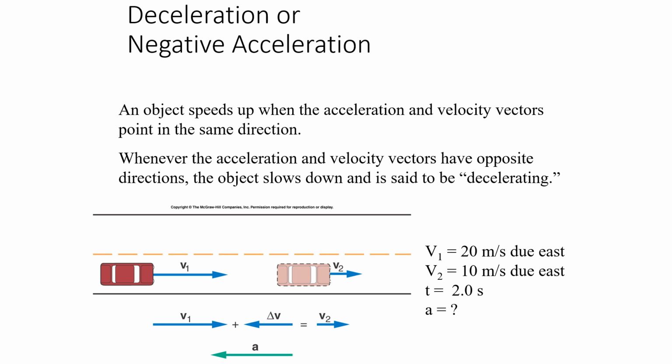So we need to subtract 20 and 10. So 20 minus 10 is equal to 10, and then divided by 2.0. So the answer is 5 meters per second squared.